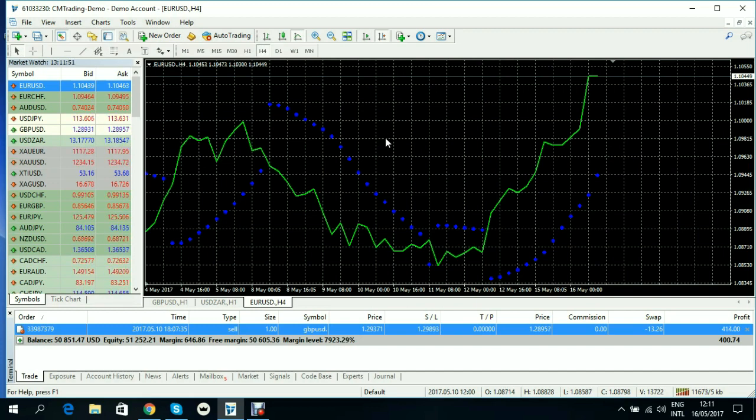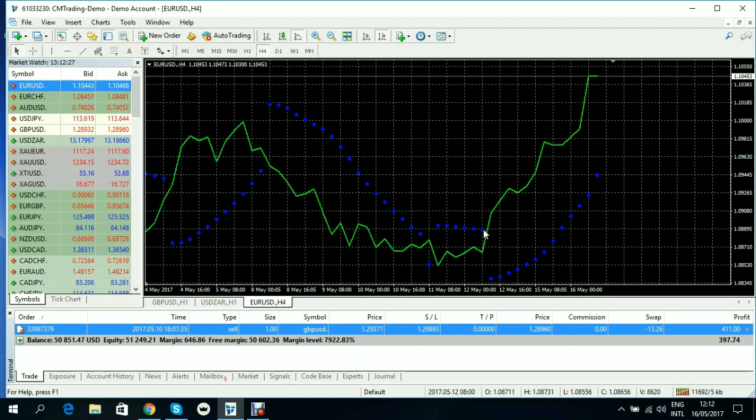Alright, the entry, it's simple. For example, when the dot appears say below here, then it is going for a buy. It indicates a buy trend. So all you need to do is to enter a buy trend.